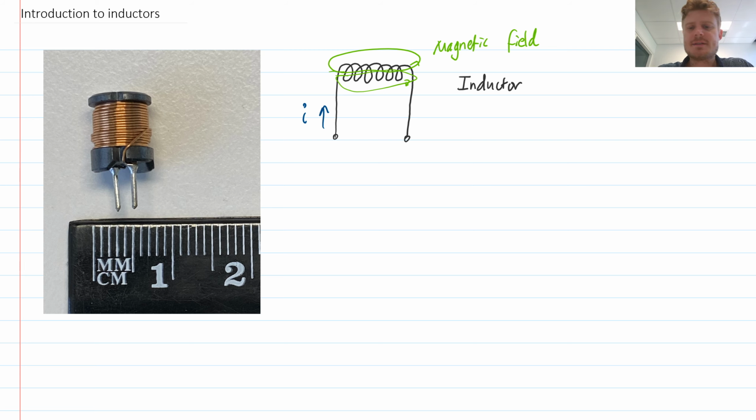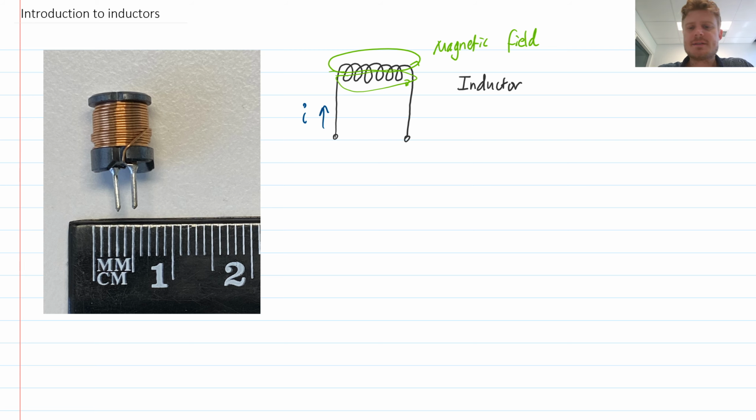Now the key properties of inductors, let's have a look at those. First of all, they are described by an equation which looks like this. We have a voltage on the inductor which is equal to a parameter L, which is called the inductance, multiplied by di dt, the rate of change of current.